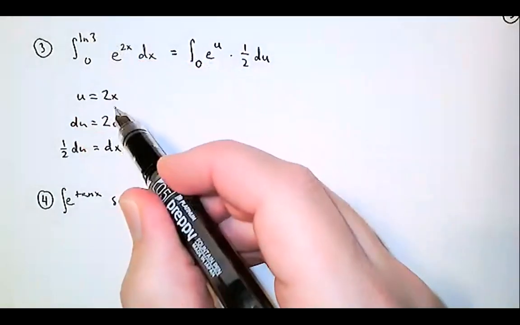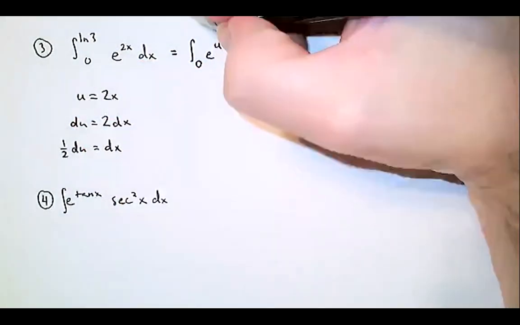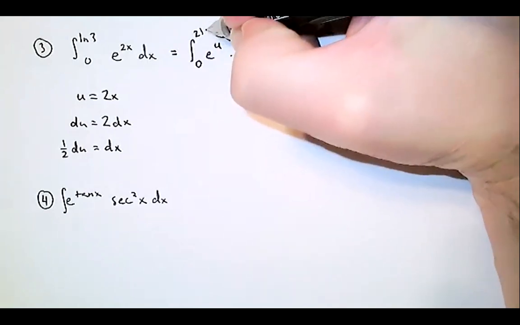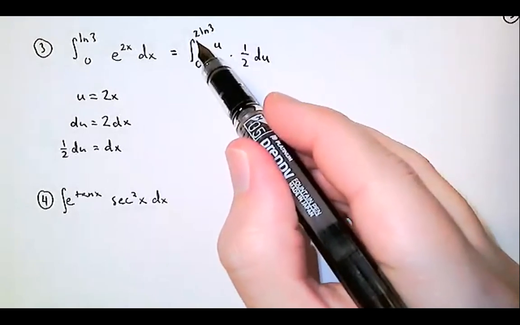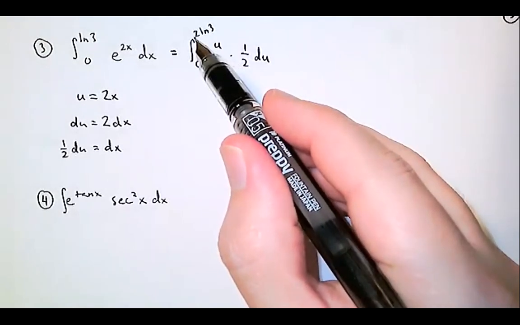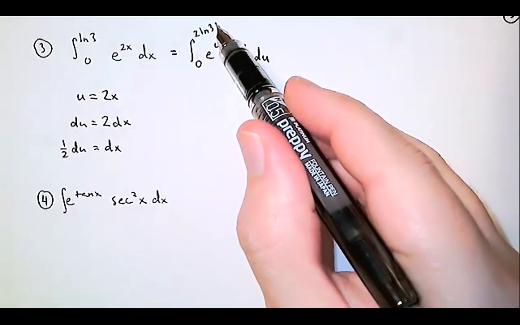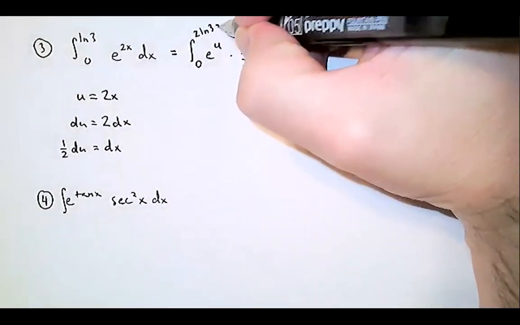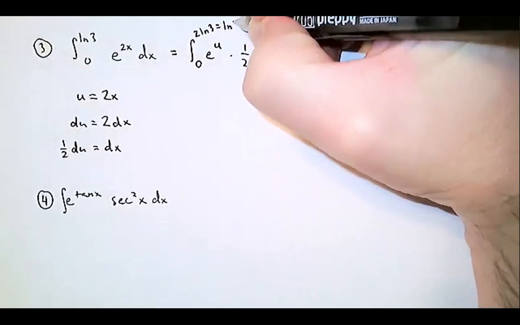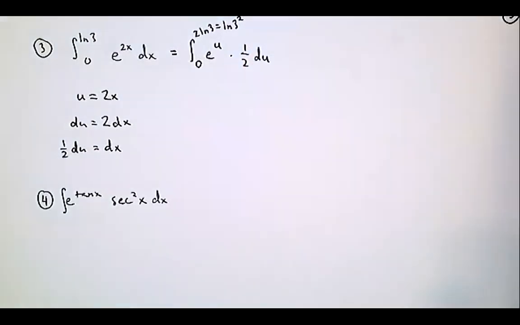And then 2 times log 3. But instead of writing it this way, 2 times log 3, I'm going to pull the 2 inside of the natural log and put it in the exponent. So this is really the natural log of 3 squared.